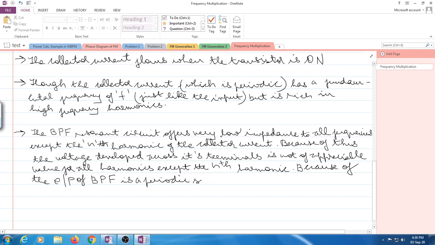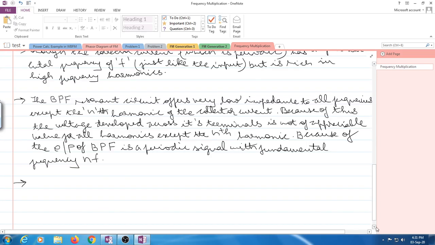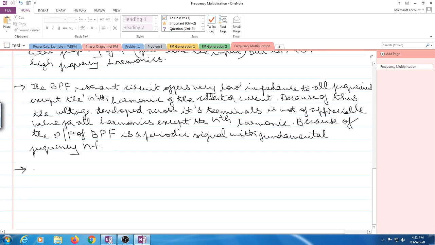Now moving on, so it has already been mentioned that the output is a signal of fundamental frequency nf, and it is basically periodic, and it is a single tone sinusoid. Okay, so that is the final thing.